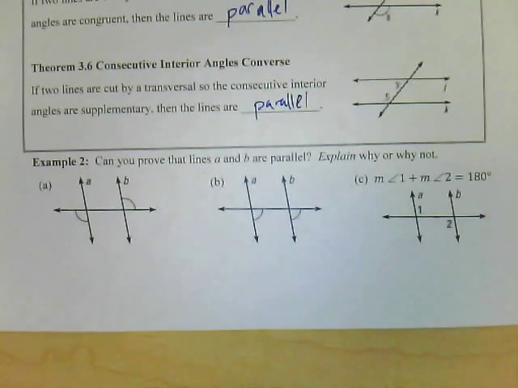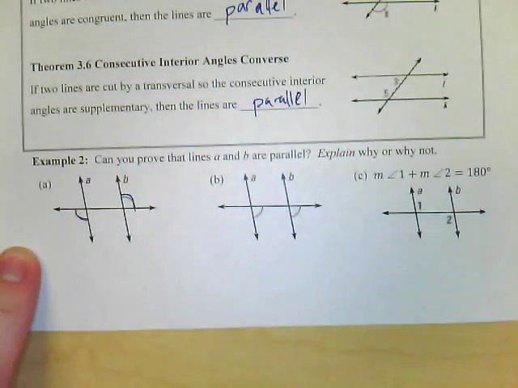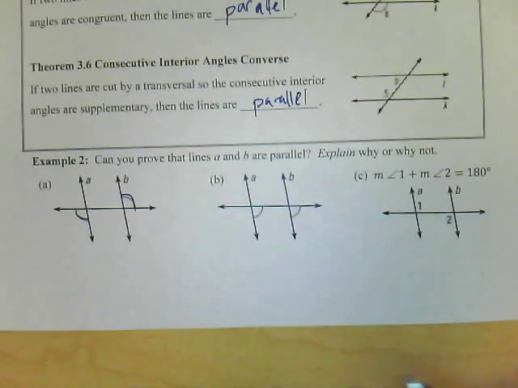In example 2, we're given some pictures and asked if we have enough information to determine that these two lines, lines A and B, are parallel to each other. In example A, we have this angle and this angle marked congruent. First of all, these are exterior angles.